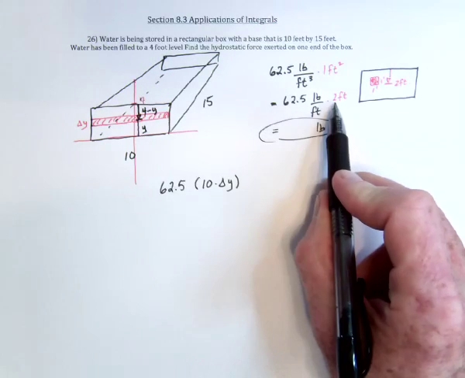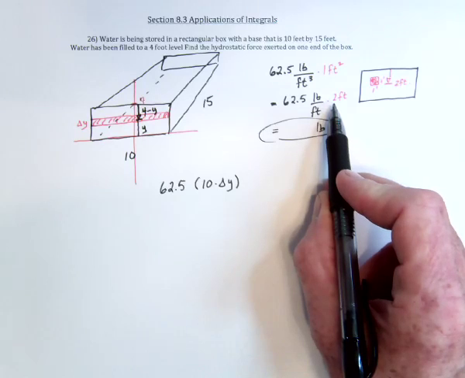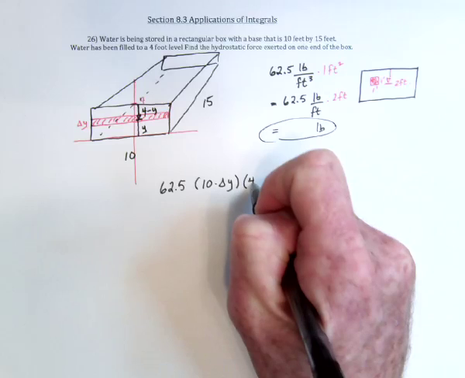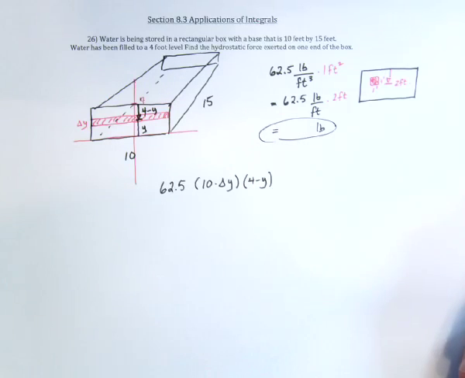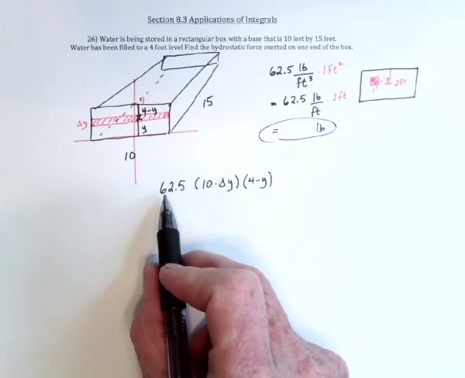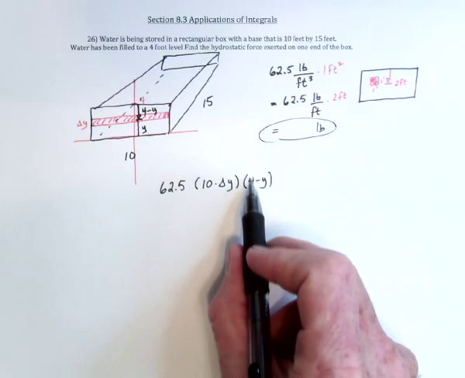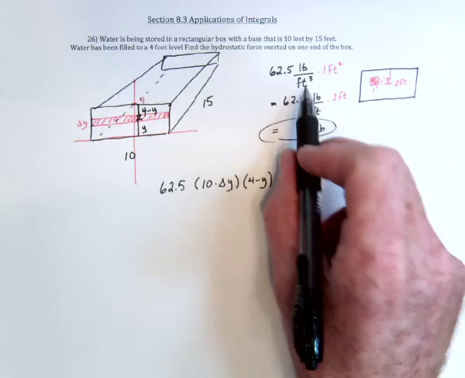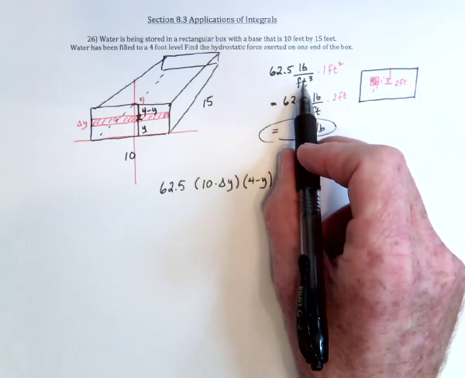So then replacing this idea of plunge it underwater by 2 feet, we plunge it underwater by 4 minus y. Okay, so look at this, it is in feet, feet, feet. So that's feet cubed, which would then cancel that feet cubed and give us pounds.